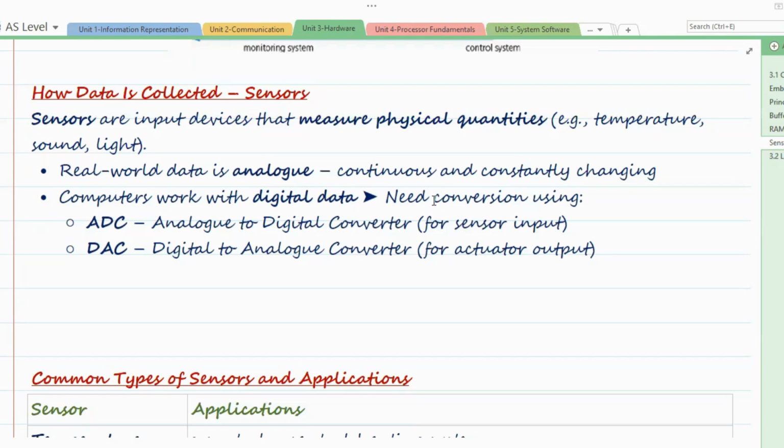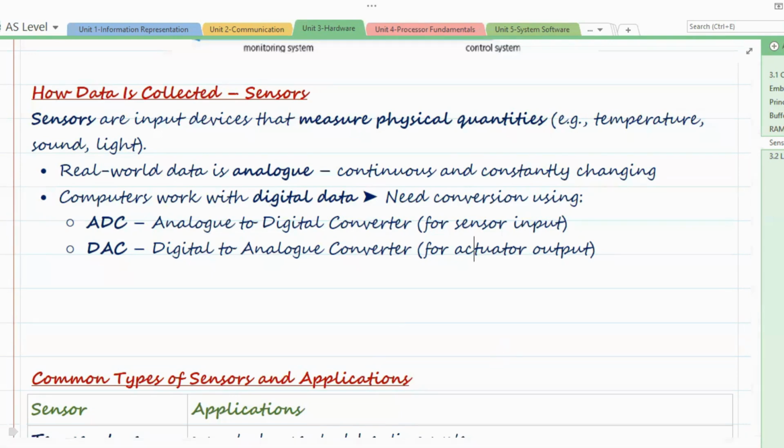So computers also need sensors to understand what's happening around them, in order to get some data from the surroundings, right? Real world data is all analog, right? Continuous and constantly changing. And you know that computers work with digital data.